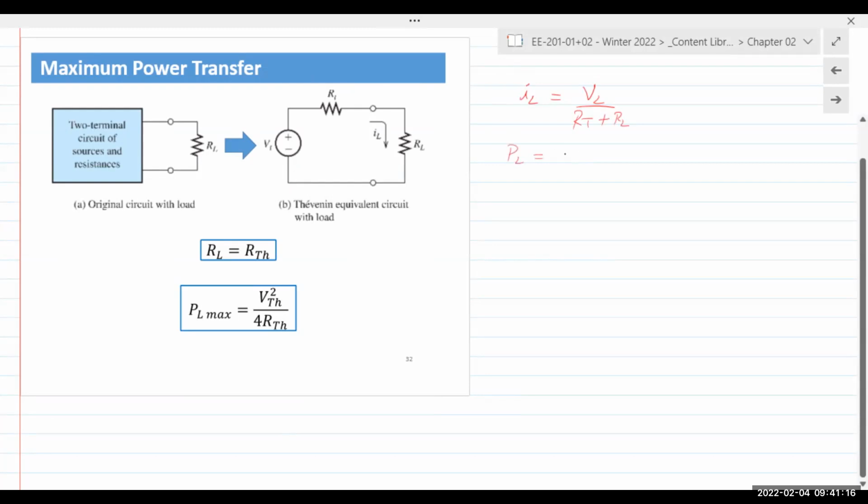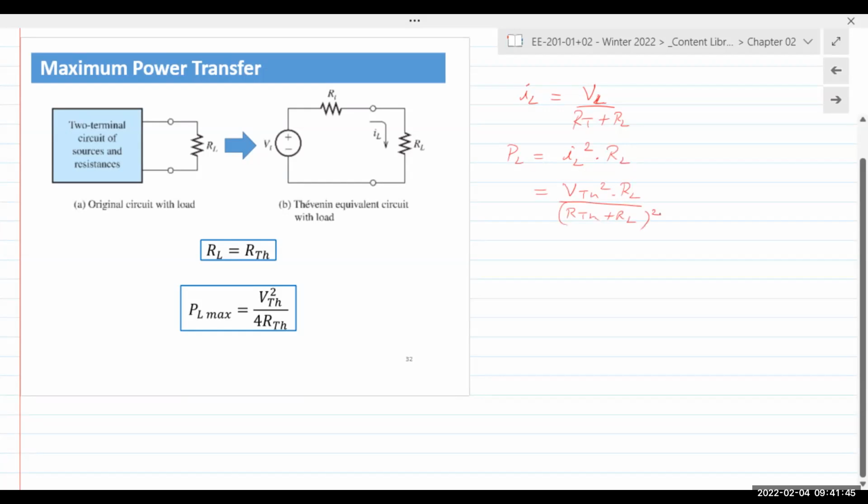Power equation is I squared times R, so IL squared times RL. You plug in the value of IL from above, and you can obtain VTH squared times RL over (RTH plus RL) squared.